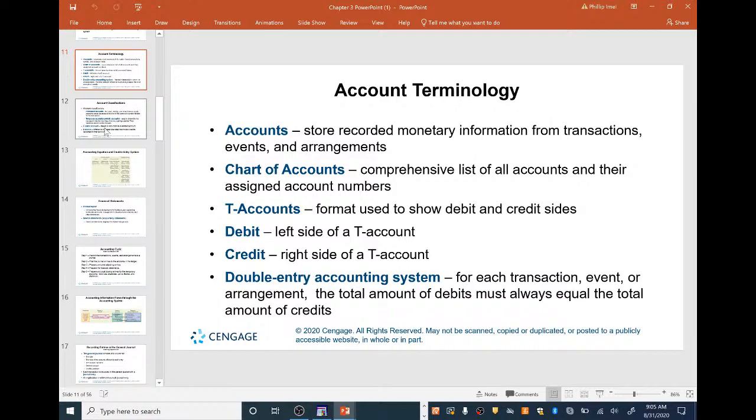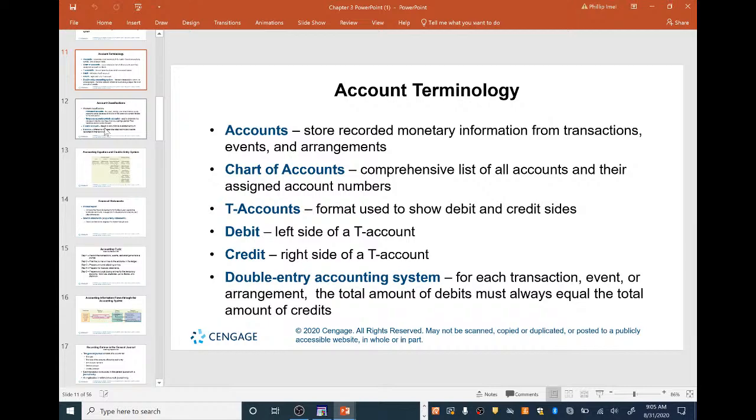So a company will have a chart of accounts. Assets might be listed as number 5, liabilities as number 10, equities as number 15, so on and so forth. Expenses, 30, whatever it might be. It's just a comprehensive list of all accounts and their assigned account numbers that are relevant to the transactions a company accounts for.